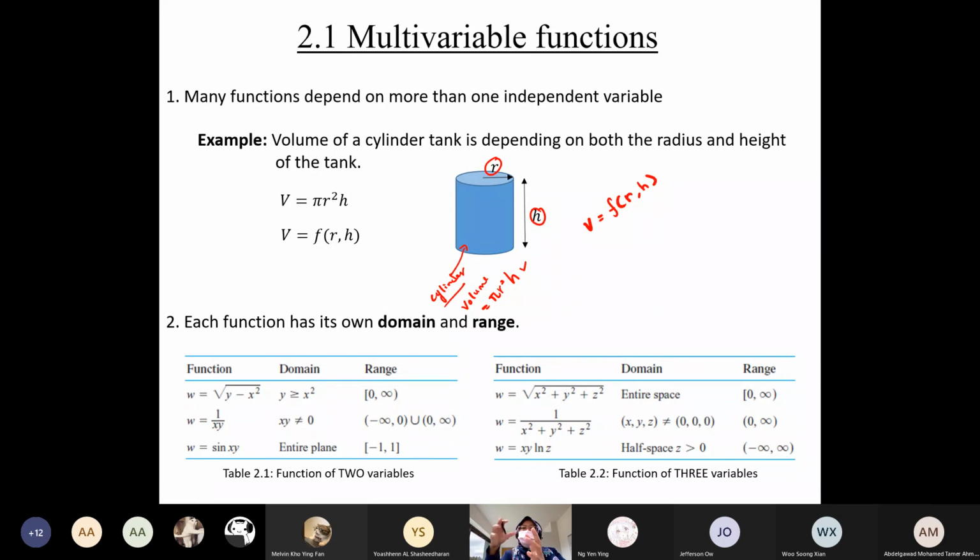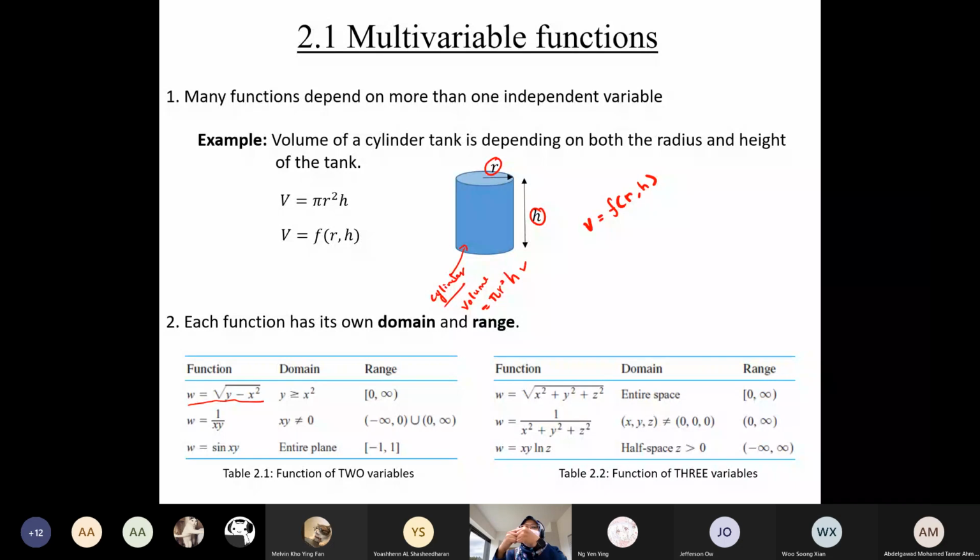The domain is the values that you can substitute into the function. You have to ensure that the value is valid for the function. You cannot substitute a value that is not valid for the function. For example, here you have a function w equal to the square root of y minus x squared. Under the square root, you cannot have a negative value, isn't it?